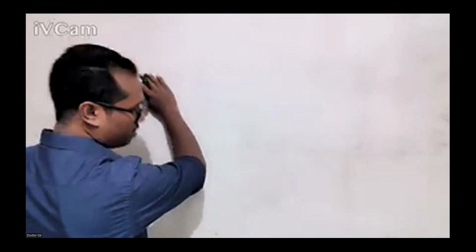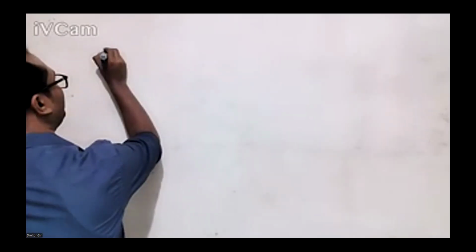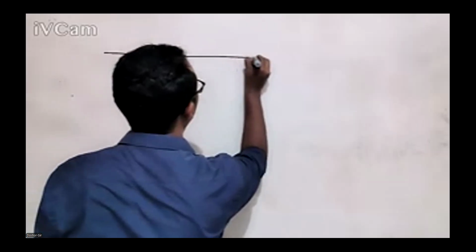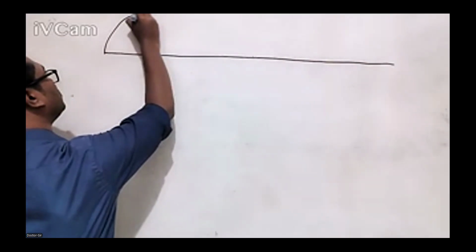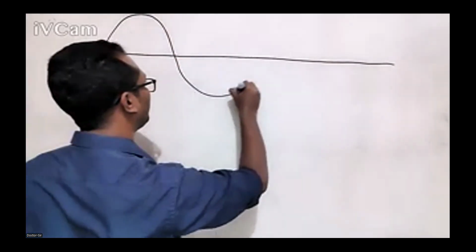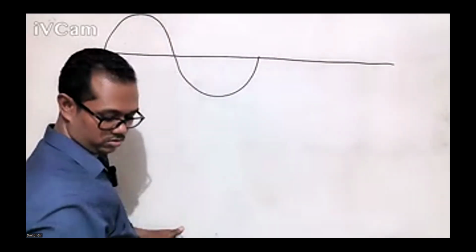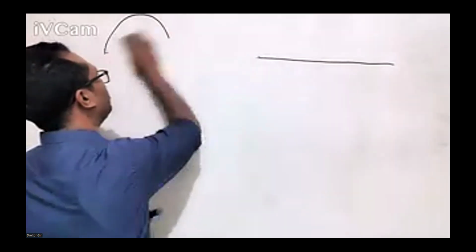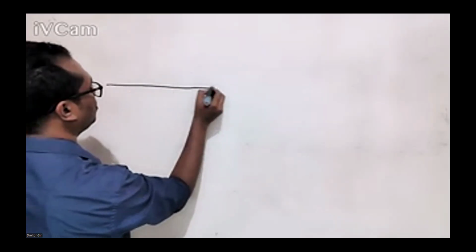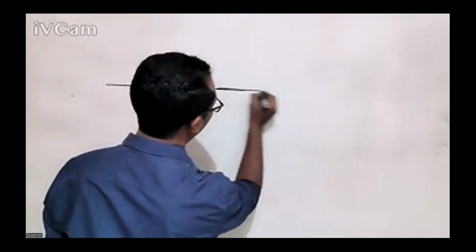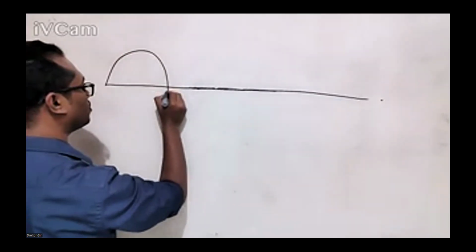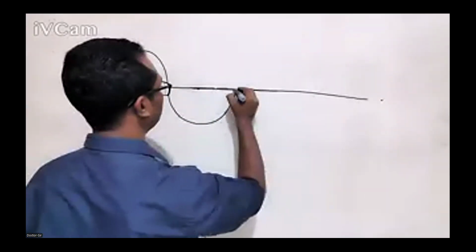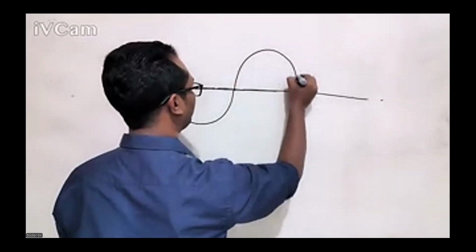Let me draw the wave. I will draw a little big wave, not a small one. This is a wave. I will draw it in the middle. Okay, this is another one.